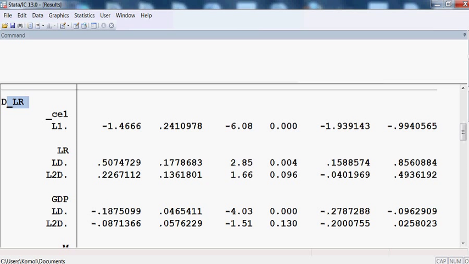GDP can cause LR, but make sure these are short run effects, because all these coefficients are short run coefficients.